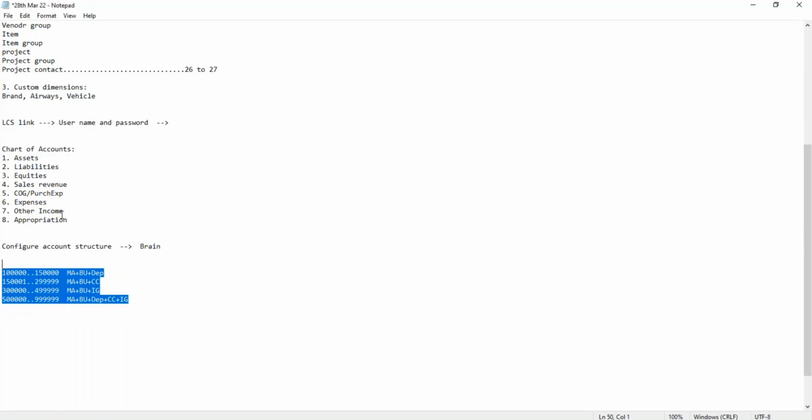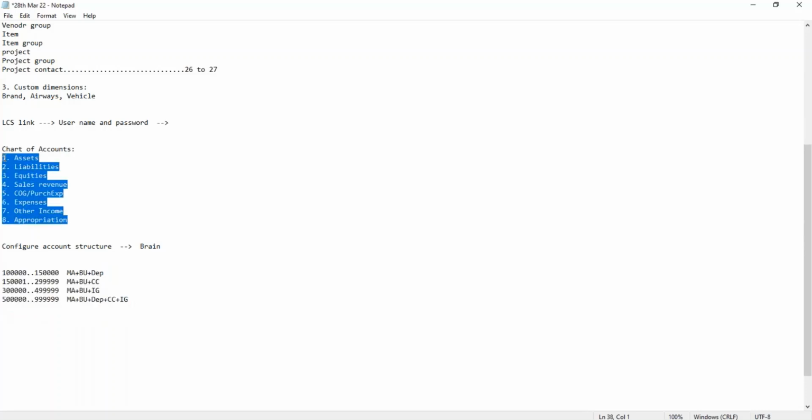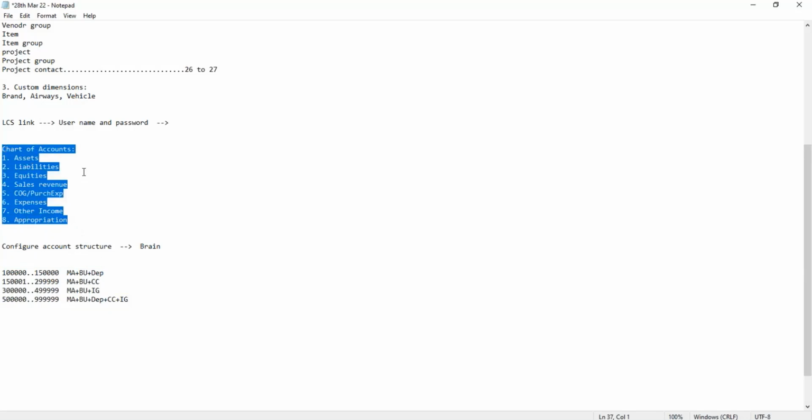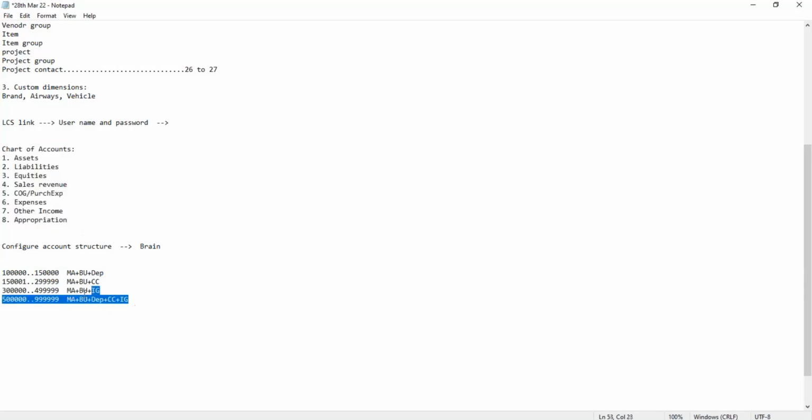Remember, whatever main accounts you are creating, those main accounts should have at least one structure. Each and every main account, whatever it is, should have at least one structure and only one structure.